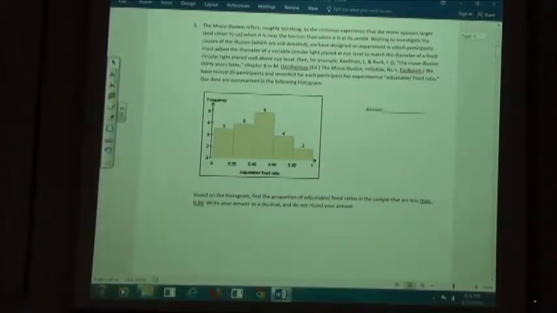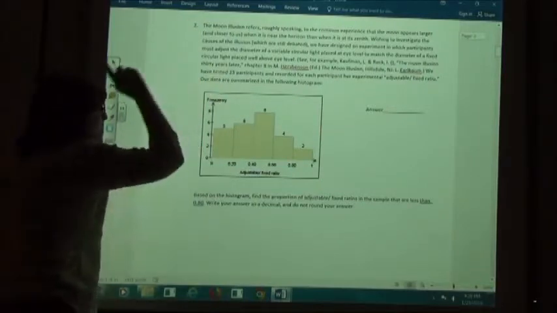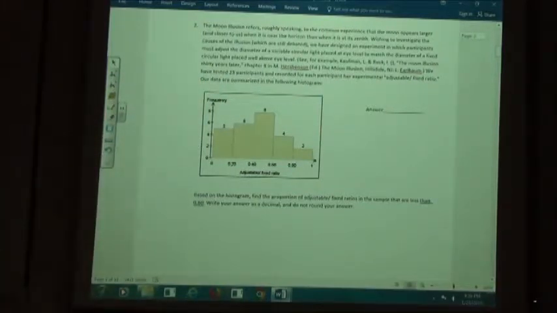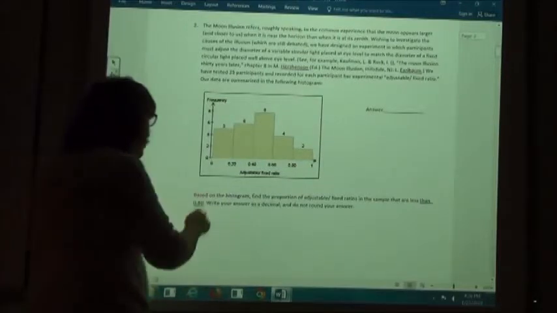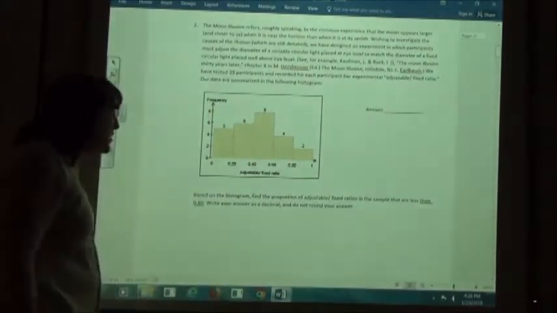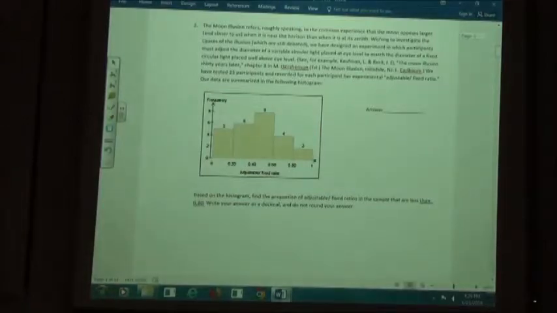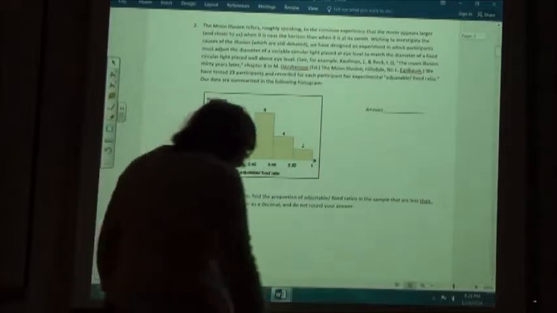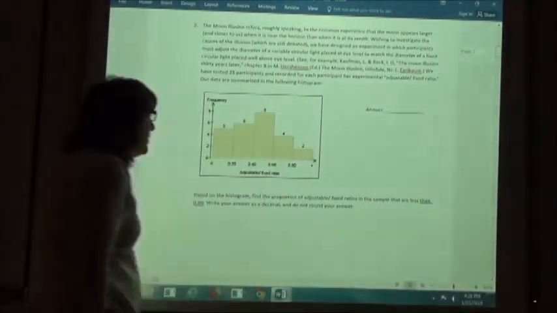We have tested 25 participants and recorded the ratio for each participant. Based on the histogram, find the proportion of adjustable to fixed ratios in the sample that are less than 0.80. Write your answer as a decimal, do not round.